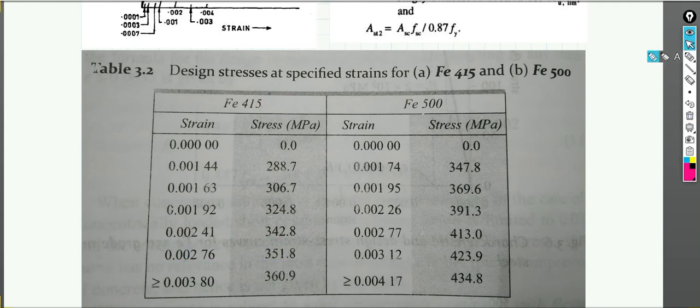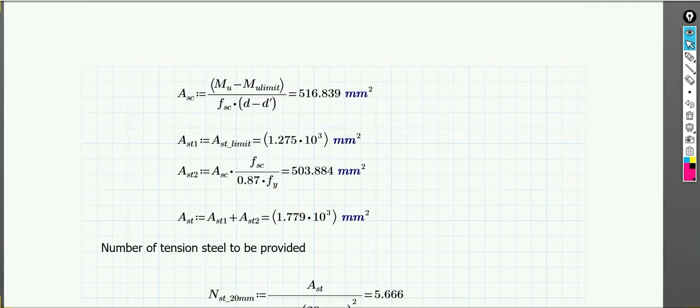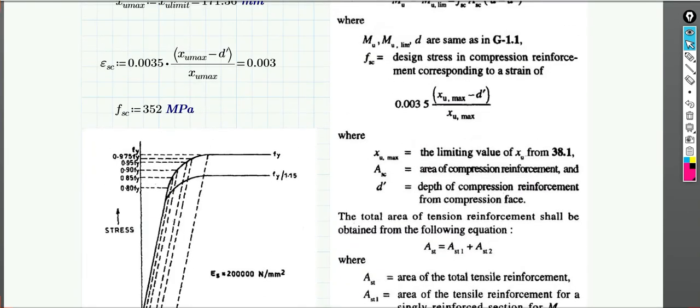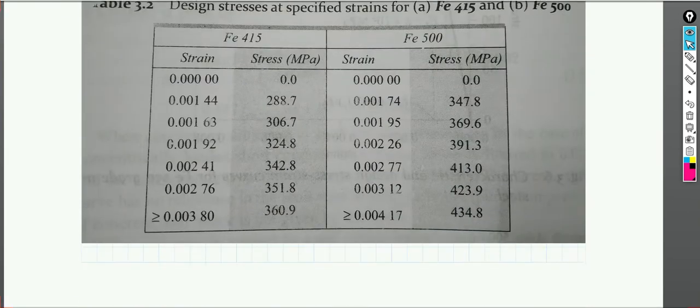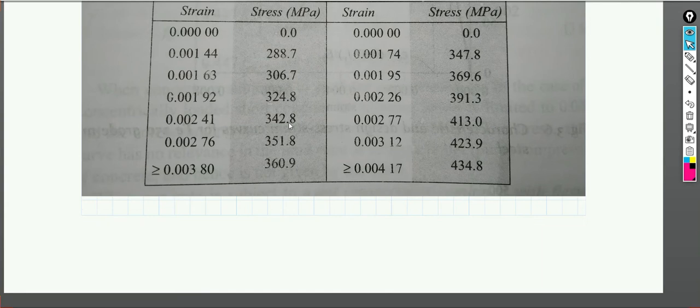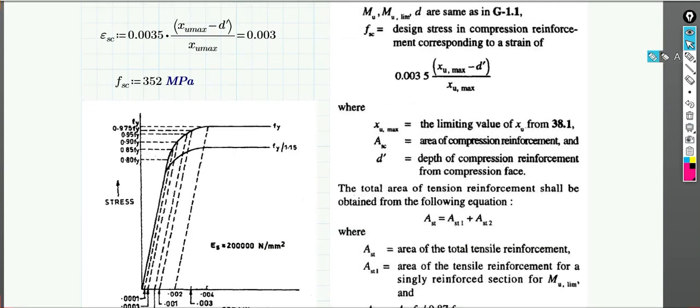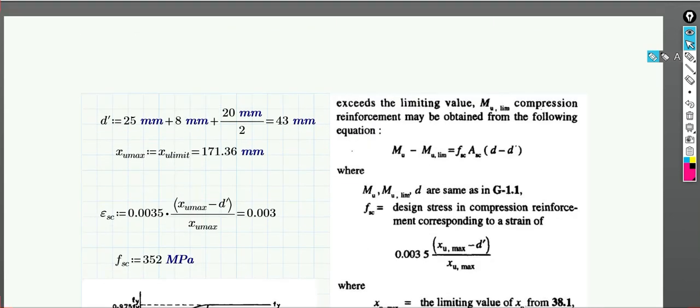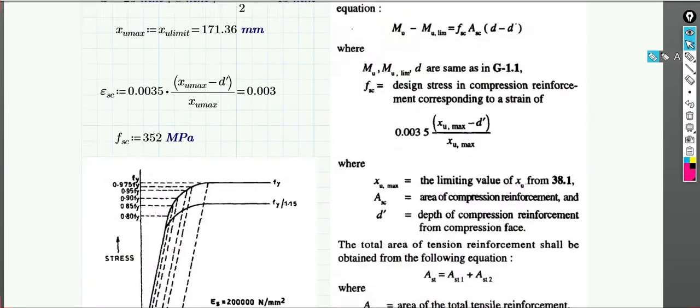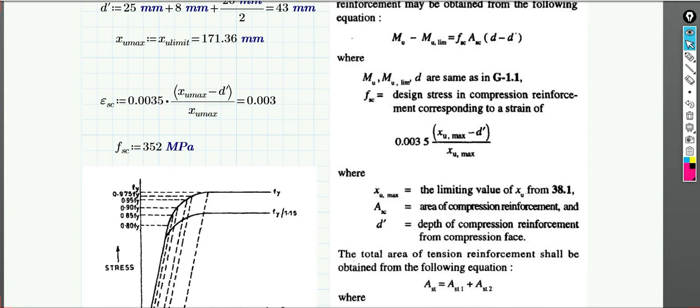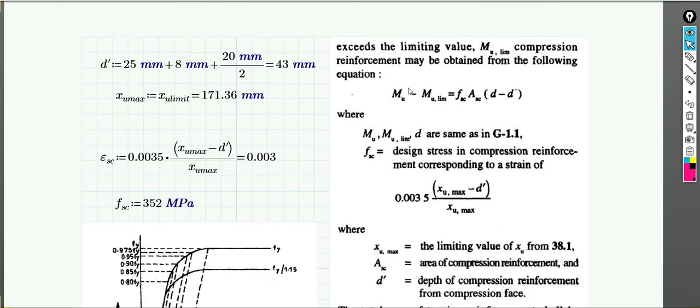So that value we have taken, we have got FSC as 352. I have just 351.8, which is 352. Now here you can see these are the clauses, or this is the portion from Annexure G, where we can find out how to calculate the ASC. I think we have already discussed.